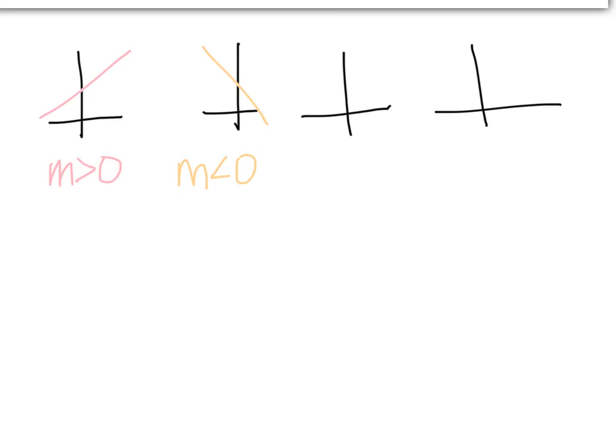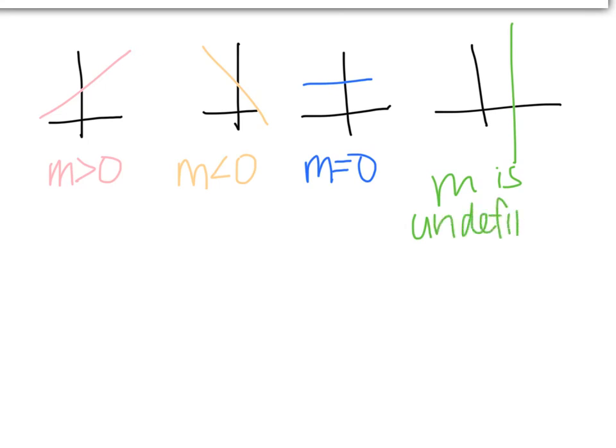If it's horizontal, that means m equals 0. And if it's vertical, it means m is undefined. Remember, m is from y equals mx plus b, the slope.